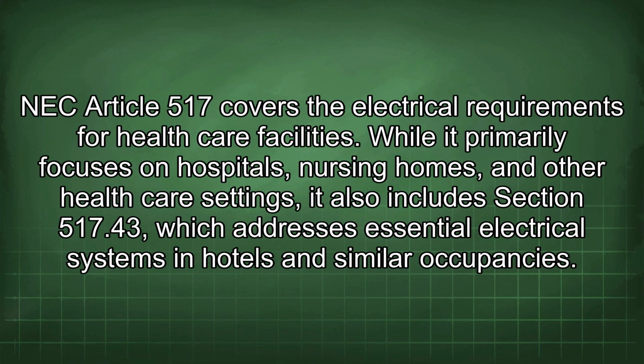NEC Article 517 covers the electrical requirements for healthcare facilities. While it primarily focuses on hospitals, nursing homes, and other healthcare settings, it also includes Section 517.43, which addresses essential electrical systems in hotels and similar occupancies.